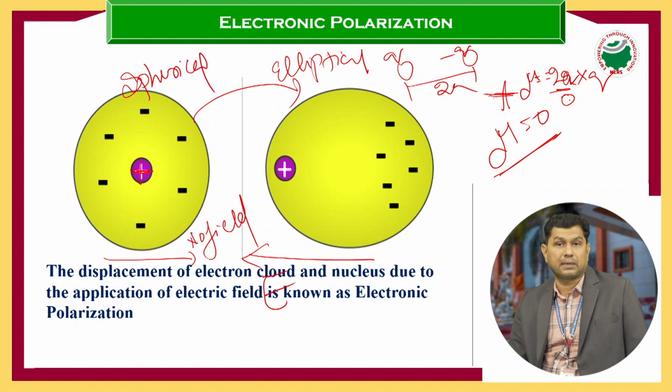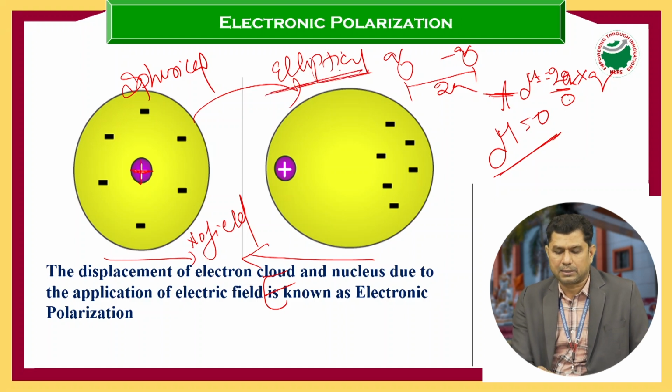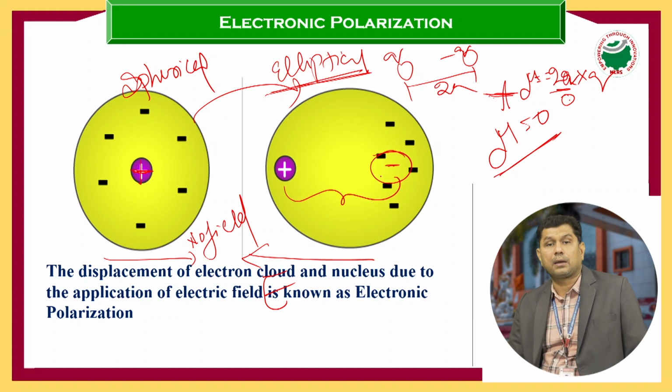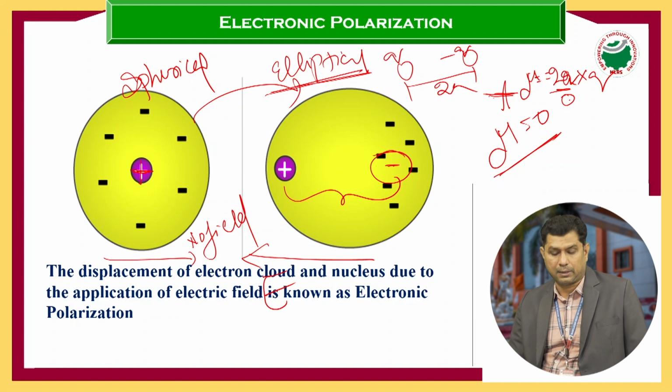That's why net cancellation, positive and negative centers coincide. Whenever it is converted into elliptical, then what happened here? The center of negative is on this side and this is positive, positive center and certain negative center. Automatically polarization takes place.